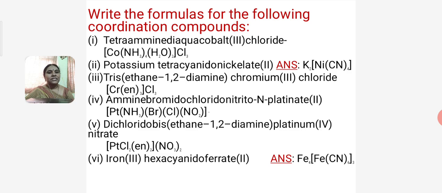Identify the ligands present, ethane-1,2-diamine and chlorido, both are present. What is to be done next? Arrange these two ligands in the alphabetical order. So, chlorido comes first in the alphabetical listing. So, indicate the symbol of chlorido ligand first, and it is dichlorido.